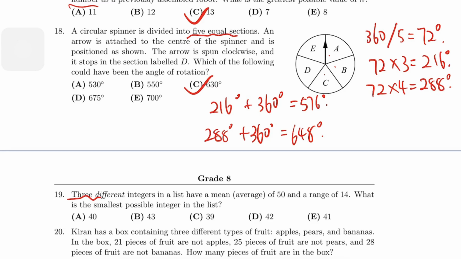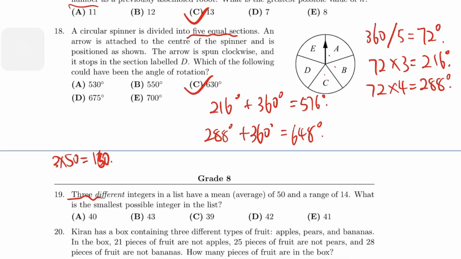So their sum should be 3 times 50, 150. Okay, so their sum is 150, and the greatest one minus the smallest one.